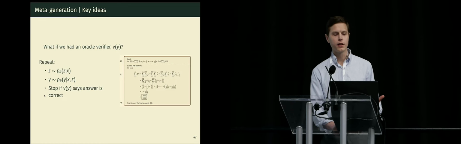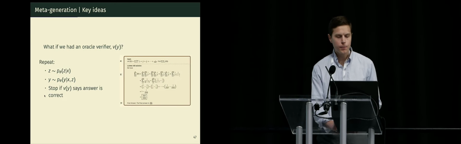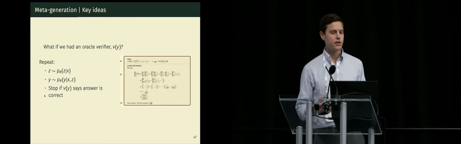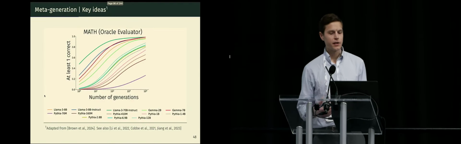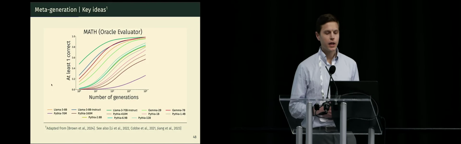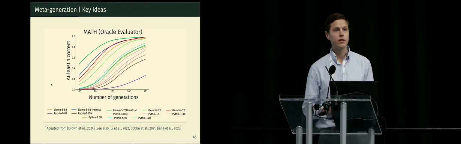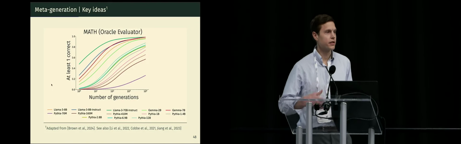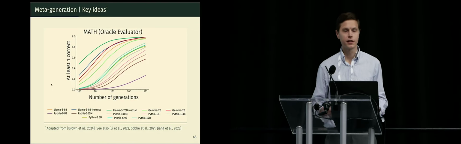The oracle would tell us, definitively, whether the answer to this question is correct or not. Well, if we had that, we could design a pretty simple procedure. We could repeatedly ask the model to generate a solution and then generate an answer, and then just stop if the oracle says the answer is correct. You can just keep running this until you eventually get a correct answer.